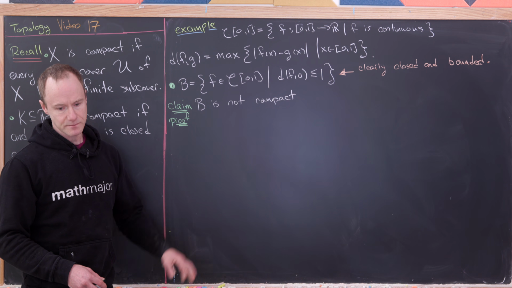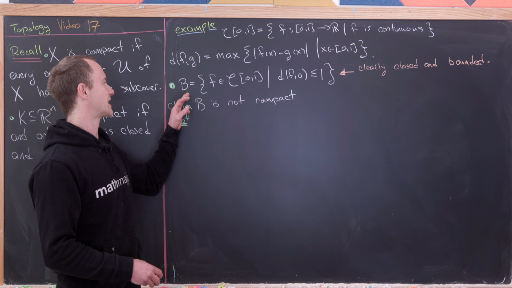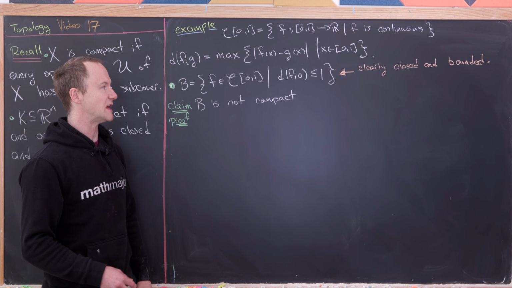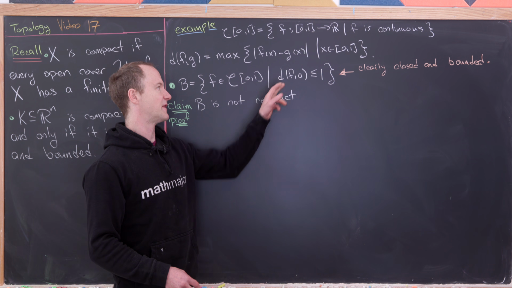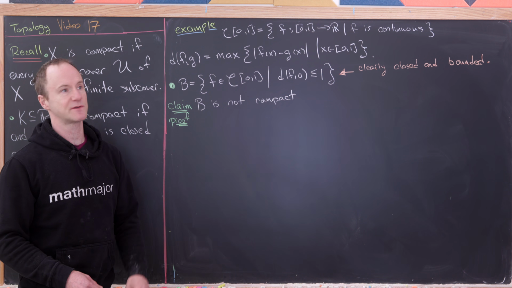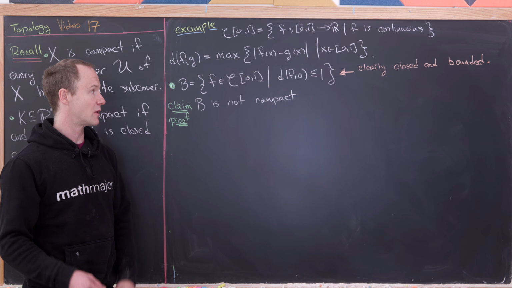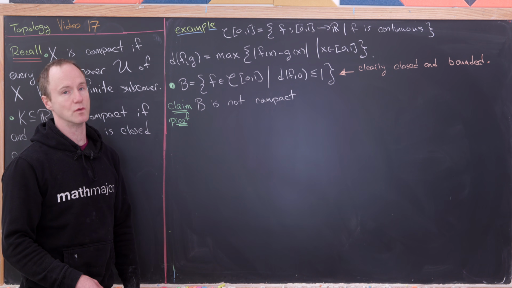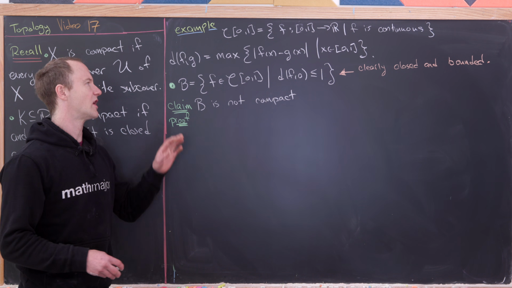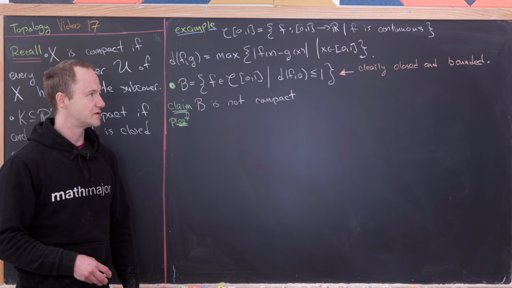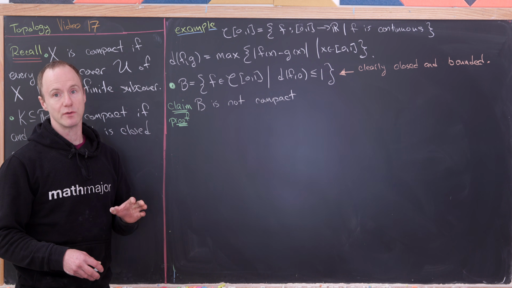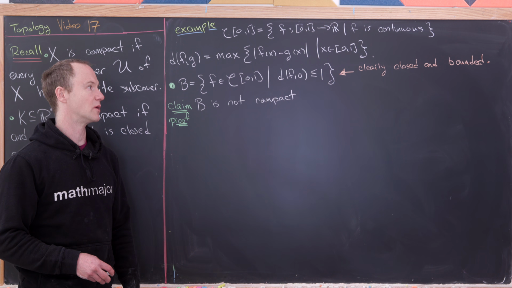Okay, great. Now, next up, we want to consider this set that we'll call B, and that's going to be all continuous functions such that the distance from that continuous function to the zero function is less than or equal to 1. In other words, this is going to be all continuous functions whose absolute value is always less than or equal to 1.